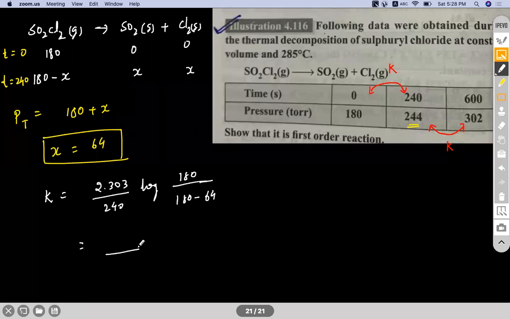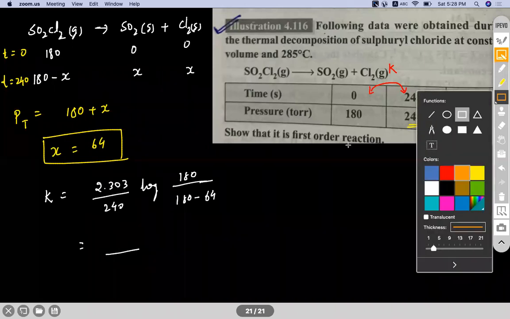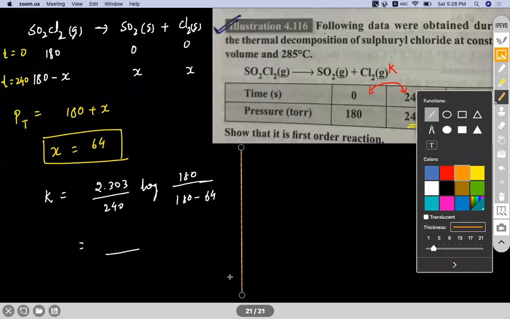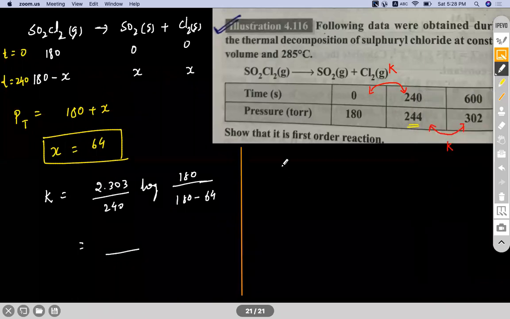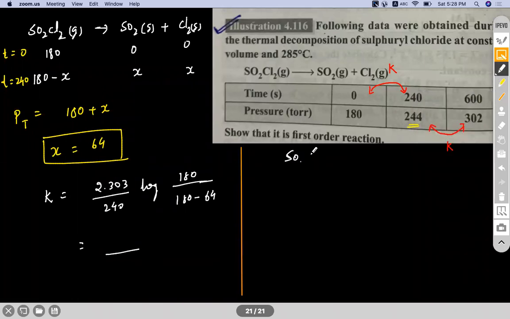And the same thing you have to repeat for the second set of data. Means again you can start from here to here, assume 600 seconds. So for the second set of data I'll write down the value of X. SO2Cl2 gas, again 180, 0, 0.